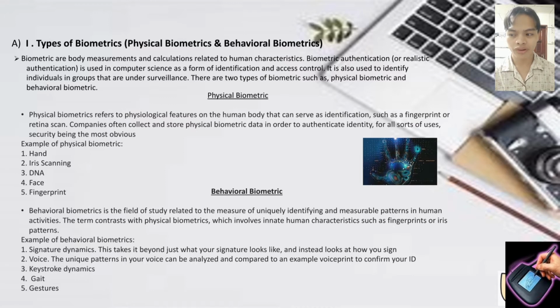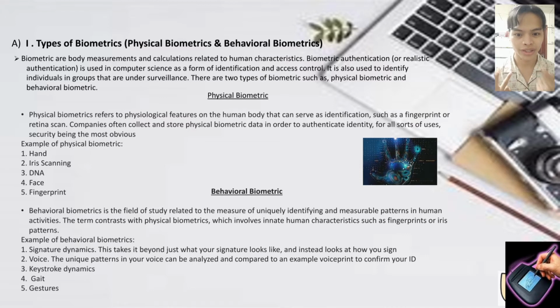Examples of behavioral biometric: first, signature dynamic. This takes it beyond just what your signature looks like and instead looks at how you sign. Second, voice.